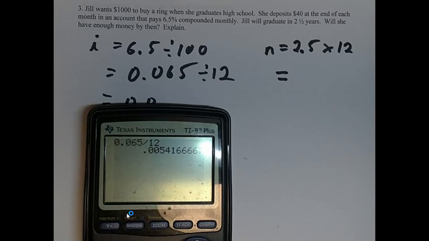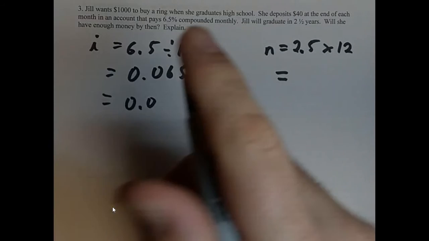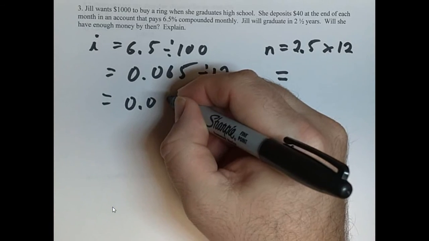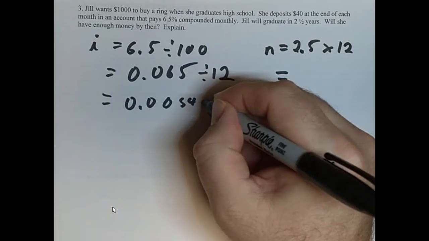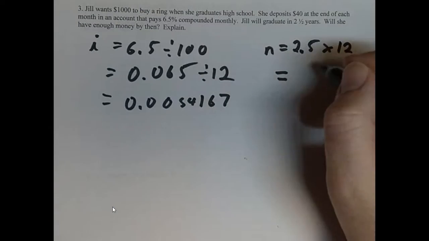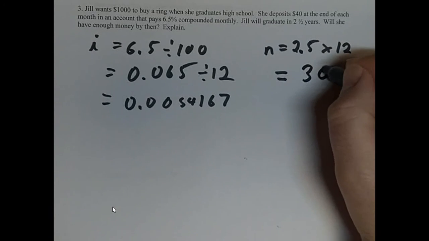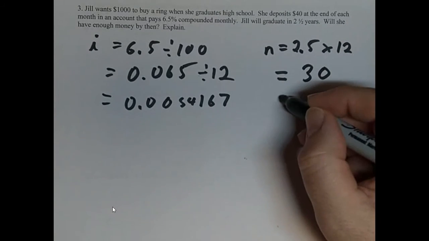I'm going to put like 4 numbers down. 0.0054167. So the more of these you have, the more accurate. And so times 12, so 2.5 times 12, 30. That turns out to be a nice number. And our payments are $40.